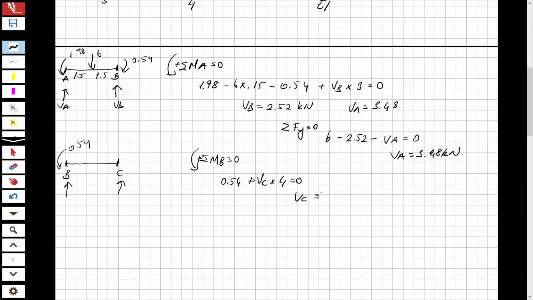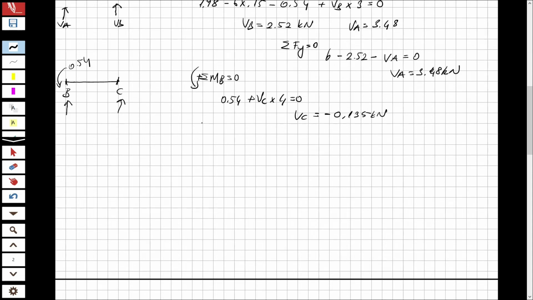VC will be equal to minus 0.135 kilonewton. And there is no any vertical forces.